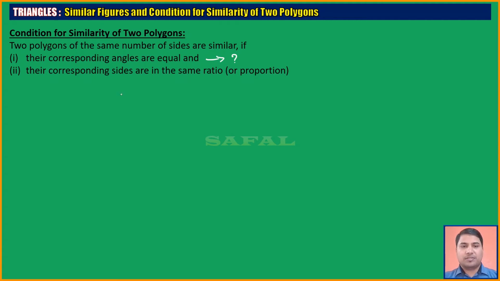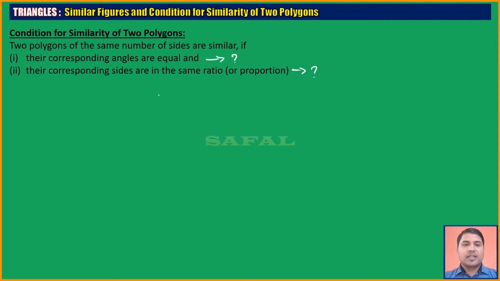Then we ask whether the corresponding sides are in the same ratio or proportion or not. So to check similarity of two polygons, we check two things: whether angles are equal, and whether corresponding sides are proportional.